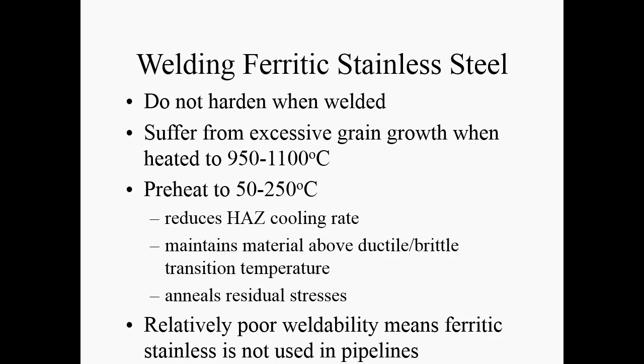This is a big problem, and it's an inherent problem with the material because of this ductile brittle transition temperature, and for that reason alone, you wouldn't really want to use these materials. And in fact, I am not aware of any use of ferritic stainless steels in pipelines. Occasional bits in chemical plant, but not really in pipelines.